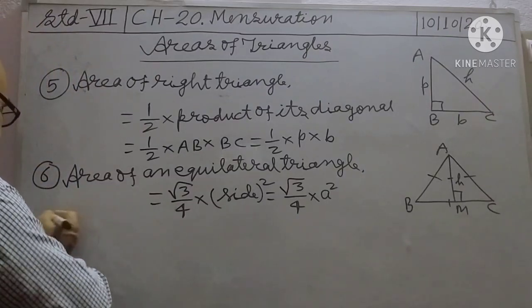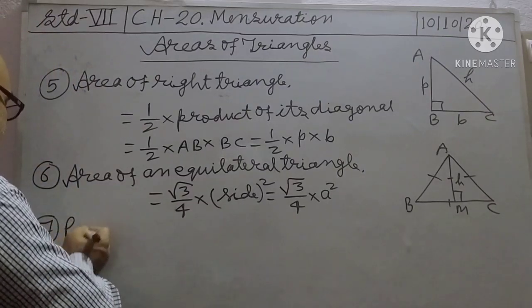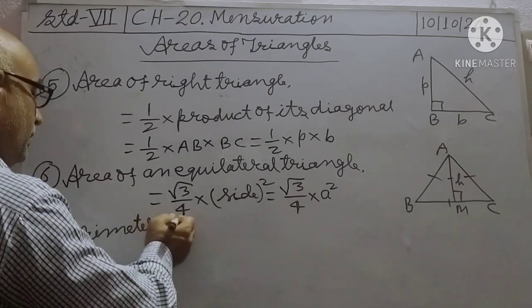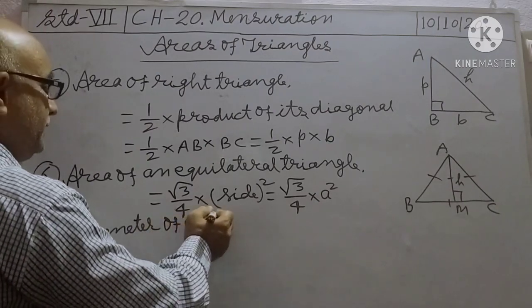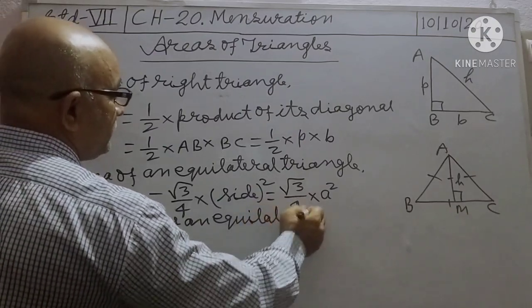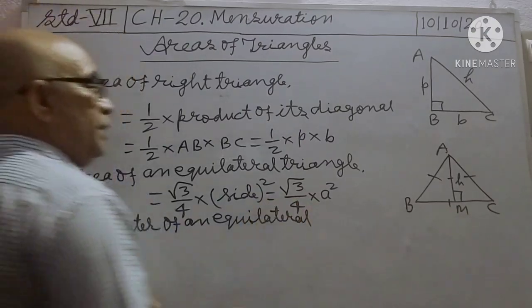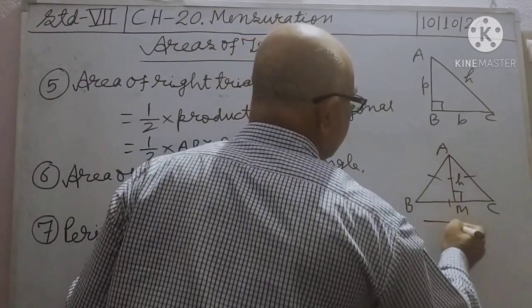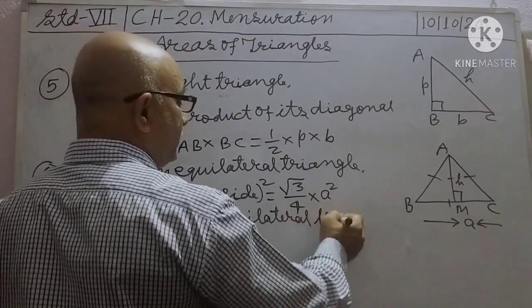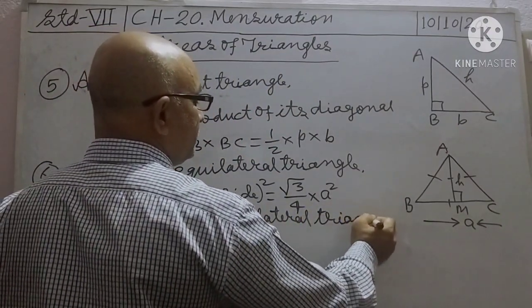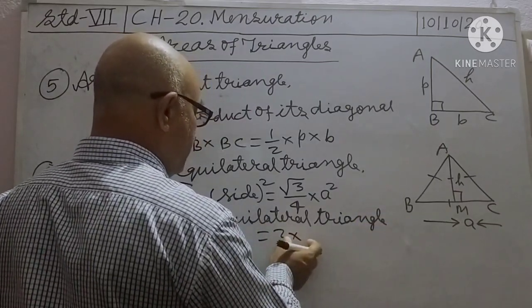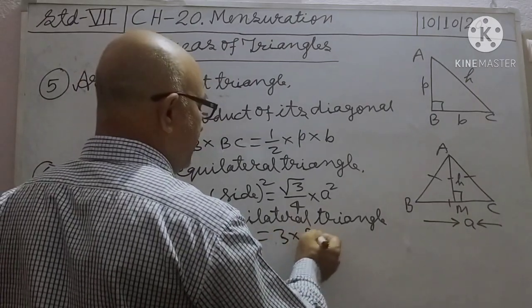Formula number 7. Perimeter of an equilateral triangle. Its side is a. Perimeter of an equilateral triangle equal to 3 into side.